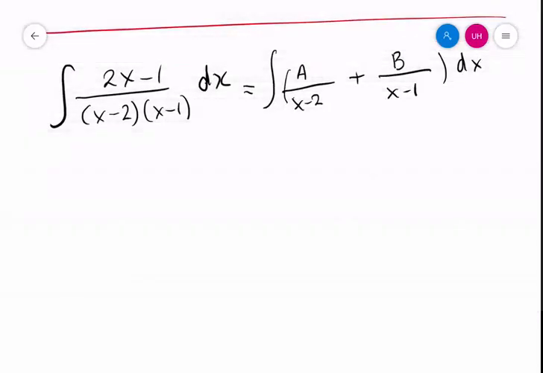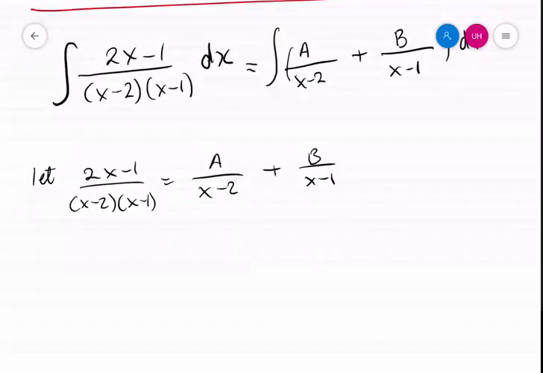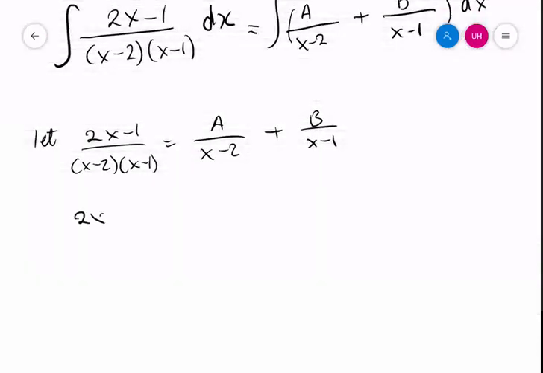So let 2x minus 1 over x minus 2 times x minus 1 equal a over x minus 2 plus b over x minus 1, and therefore 2x minus 1 equals, after making the denominators the same, a multiplied by x minus 1 plus b multiplied by x minus 2.